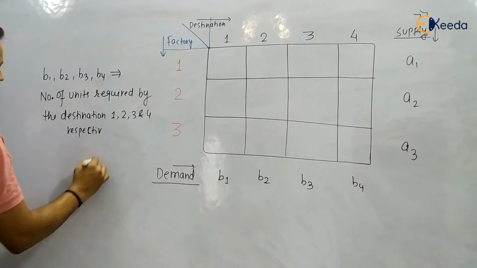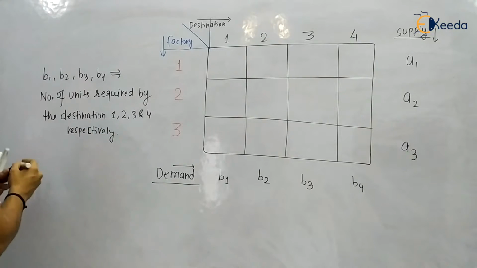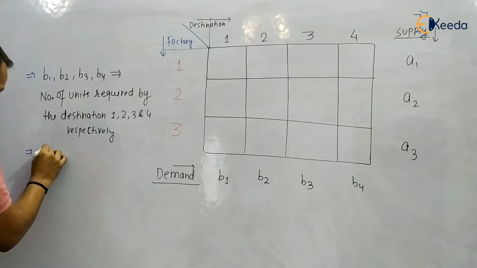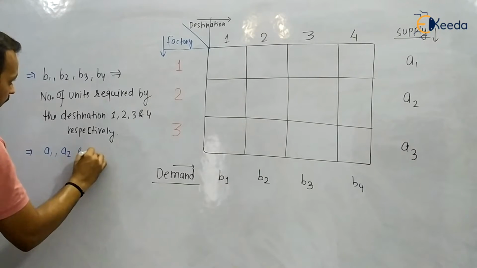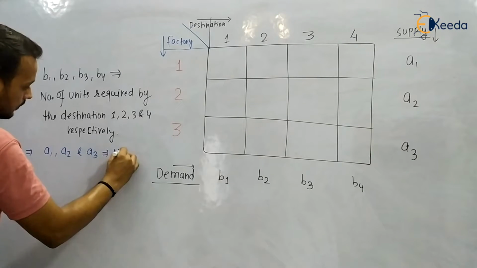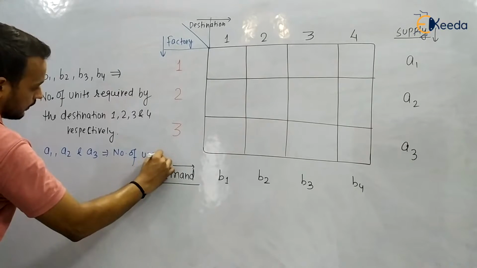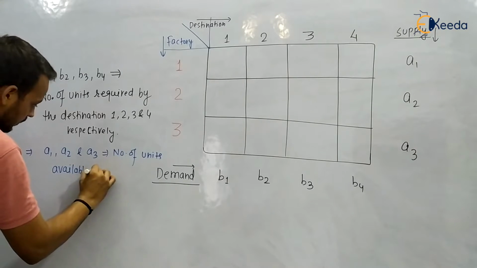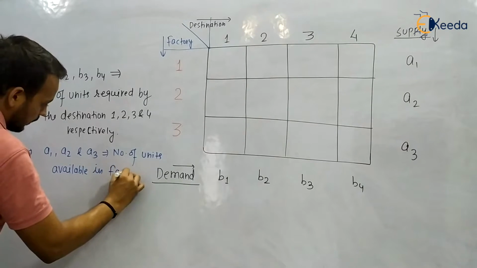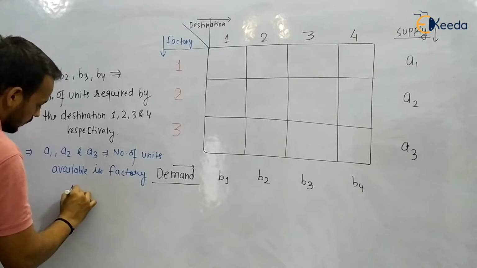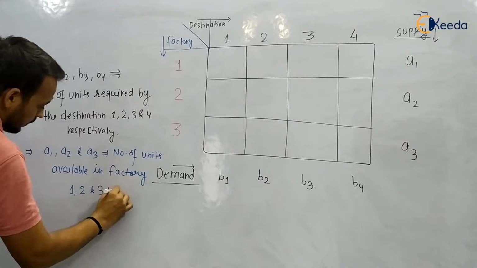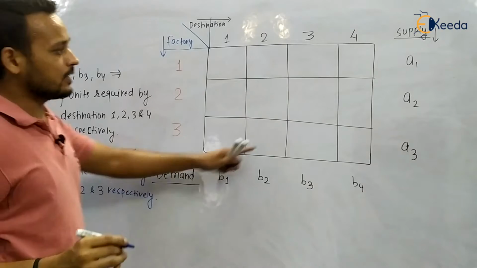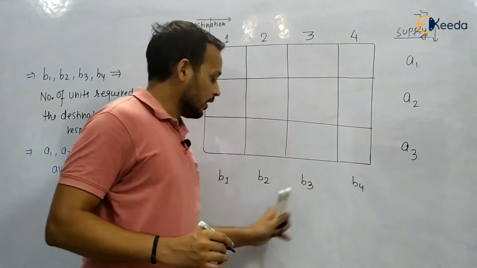And A1, A2, and A3 are the number of units available in factory 1, 2, and 3 respectively. So these are basically the supply, the total number of units with each factory, and the total number of units required for each destination.